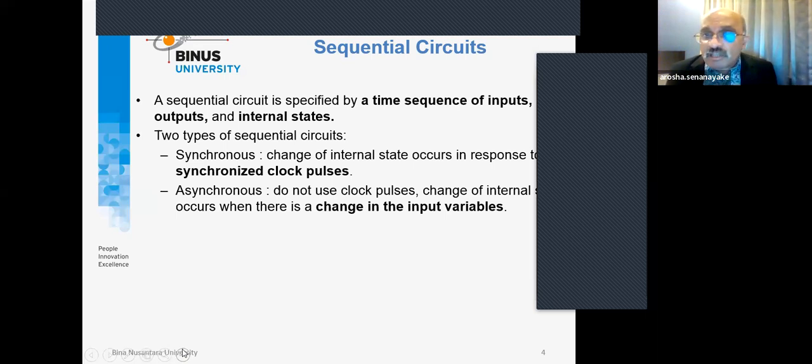So then you can see that the basic difference is that, other than inputs and outputs like in combinational circuits, what we have here are internal states. How are we getting these internal states?